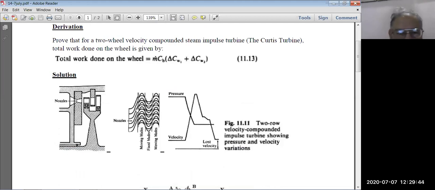In the structure here, there is the wheel, one row of nozzles in the beginning, and then one row of moving blades, with their curve direction downward in view. Next is a row of fixed blades, with their curve direction concave upward, and after the fixed blades there is another row of moving blades.